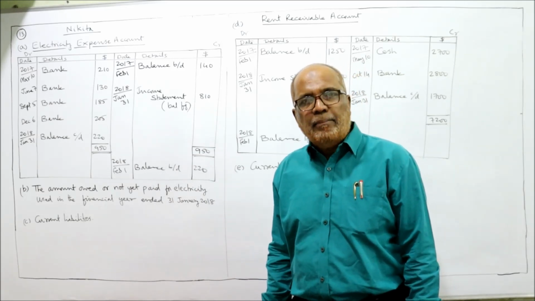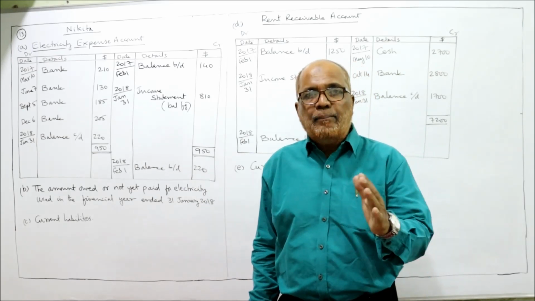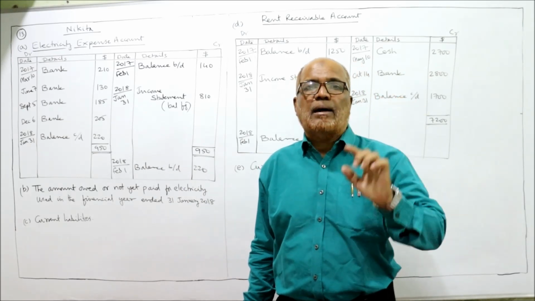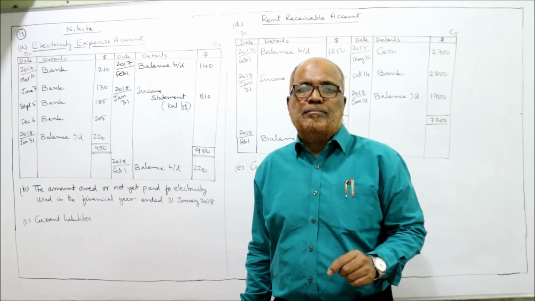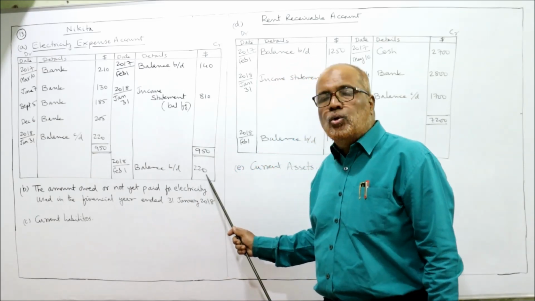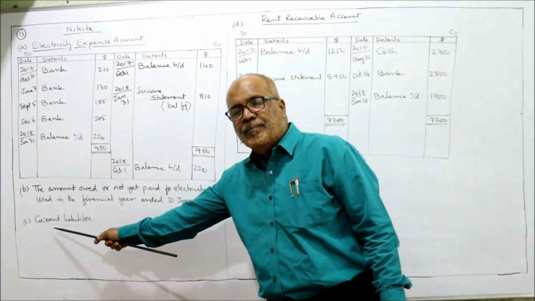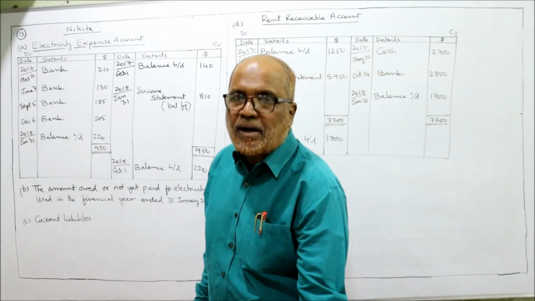So this amount will be shown on the liability side under current liabilities. Electricity bill owing. So how much is the electricity bill owing? 220. And this will be written under current liabilities. That's it. The first part is completed.